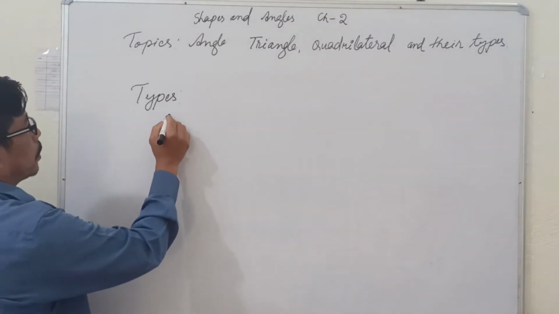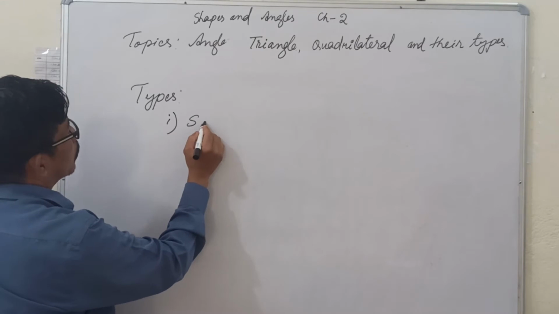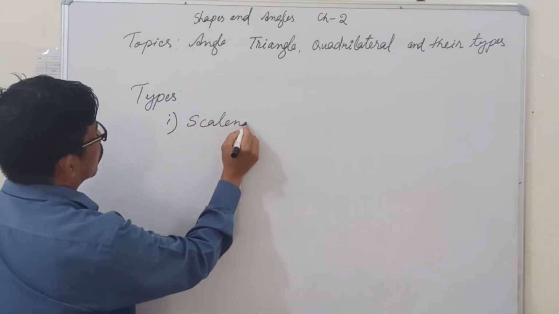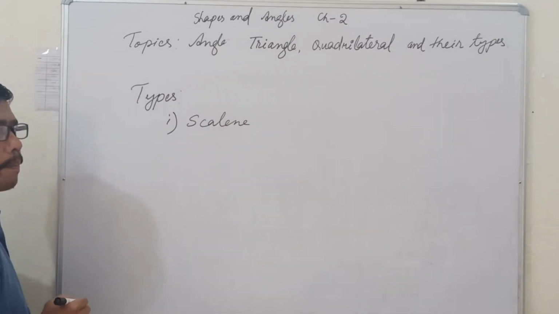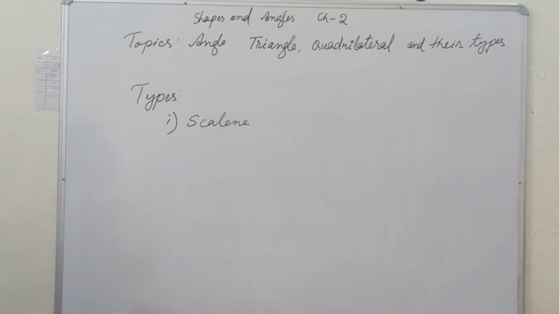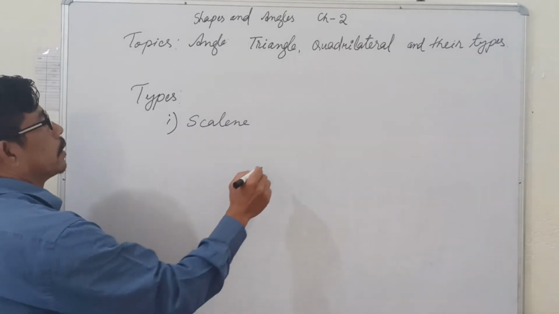First one, scalene. A scalene triangle is a triangle having all sides of different lengths.